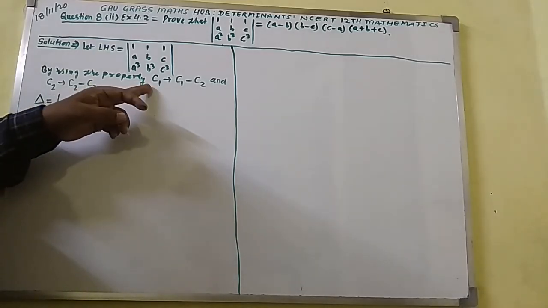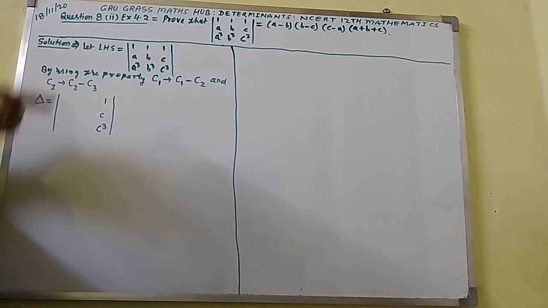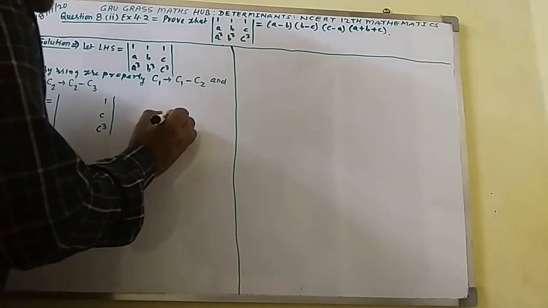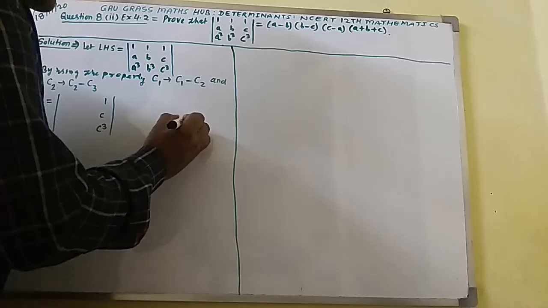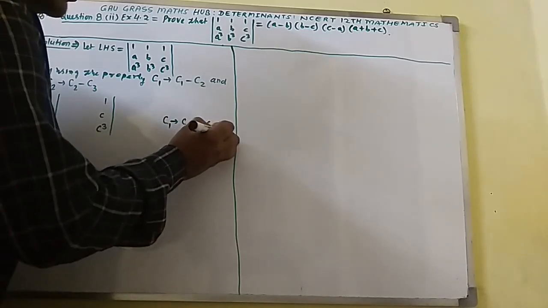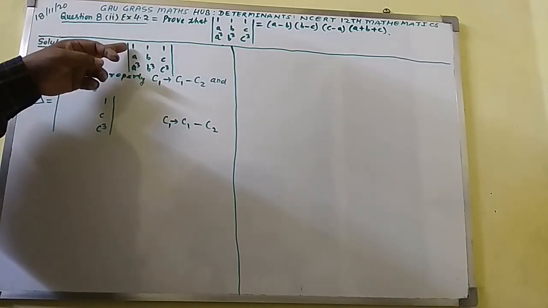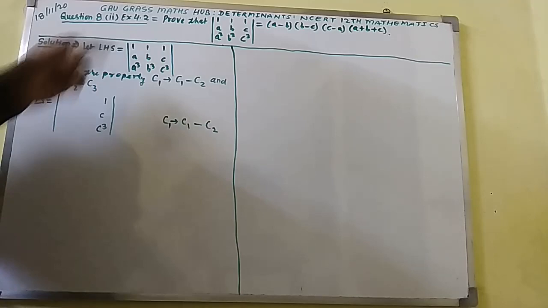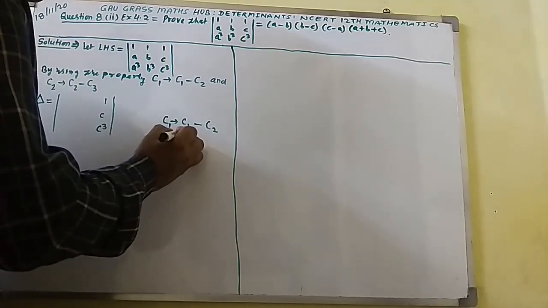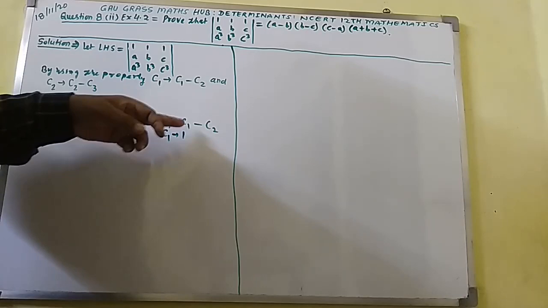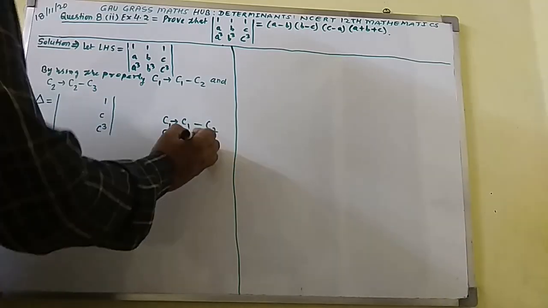And first of all, I shall use this property, C1 goes to C1 minus C2. So here I just write the rough work. C1 goes to C1 minus C2. If I take the C1 element as 1, here write 1, this is the element of C1, and the minus will be reflected here.